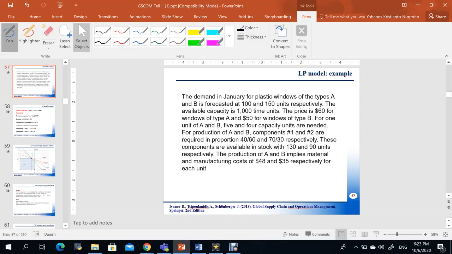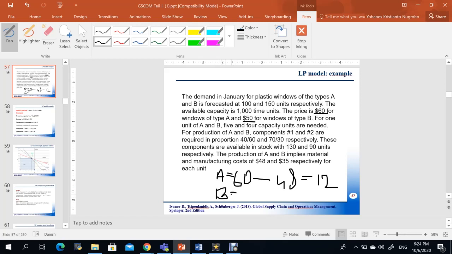In this case, we have the selling price per unit at 60 for A and 50 for B, and therefore the net profit for A is equal to 60 minus 48, equal to 12. Is it correct? 12, yeah.